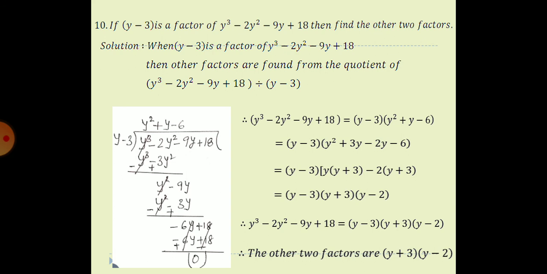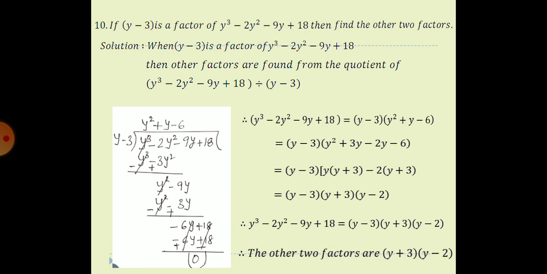Similarly, in the 7th question also, you have to factorize. They did not give any factor, but you have to check with plus 1, minus 1, plus 2, minus 2. Wherever you get remainder 0, again with the same process, divide the given polynomial by that factor, you will get the quotient, and factorize the quotient to get the remaining factors.